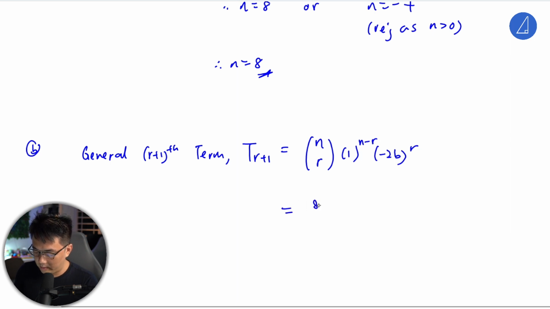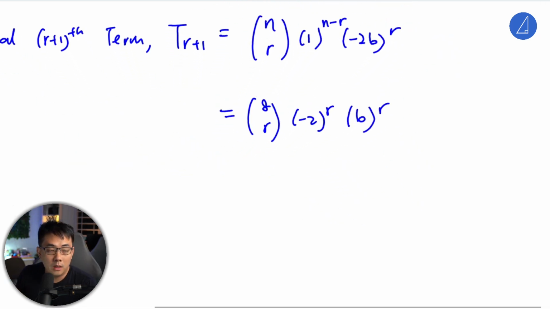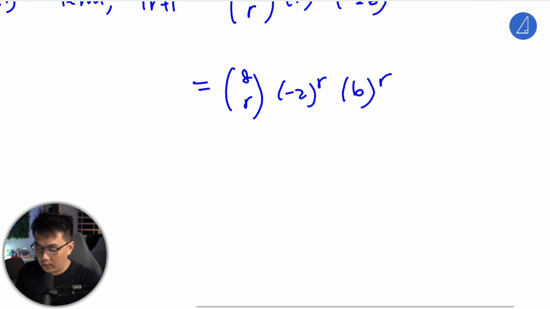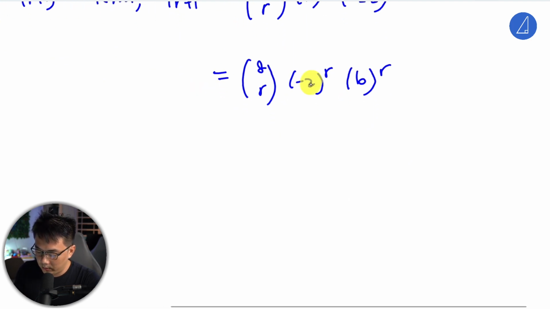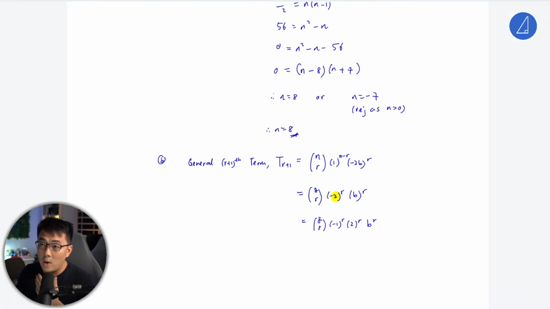This n will be 8. Then this will be minus 2 to the power of r, and this is b to the power of r. Now you look at this 2 here, we just factorize this 2 up. We need to explain why this is an even number.